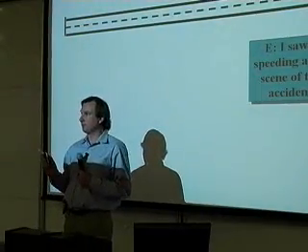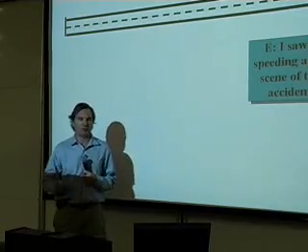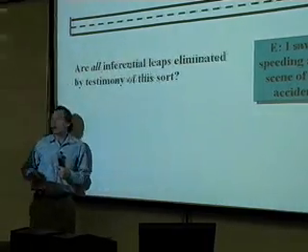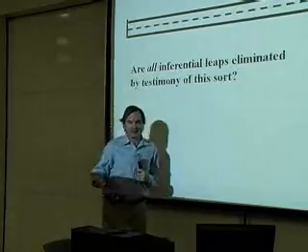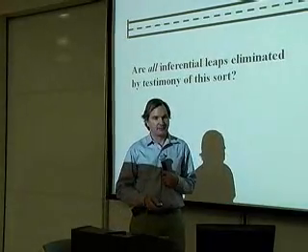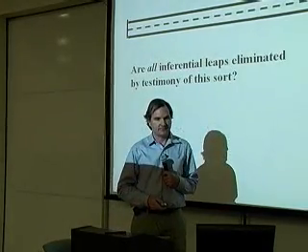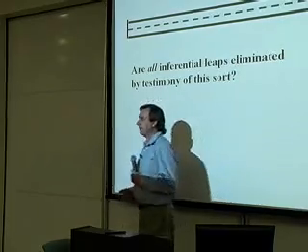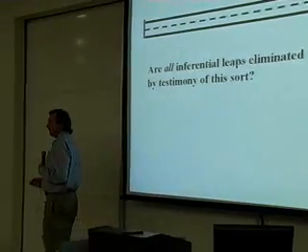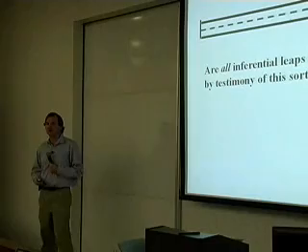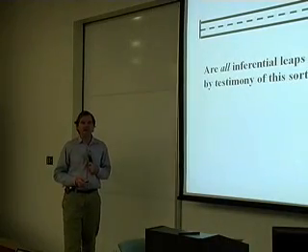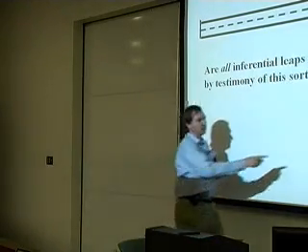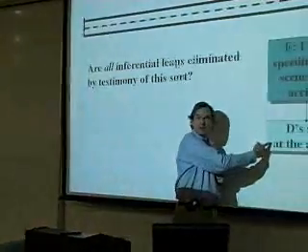Well, be careful. If you think carefully, you can't think of a problem. If I say, are all inferential leaps eliminated by testimony of this sort? Are all inferential leaps eliminated? Is there anything that we have to infer about the evidence in order to conclude that defendant was in fact speeding at the time of the accident?